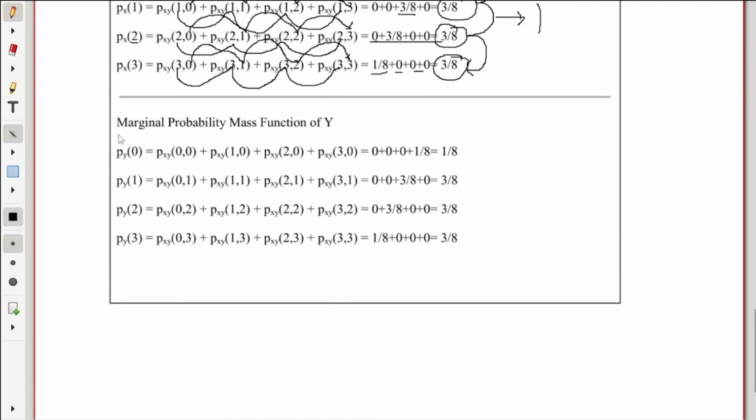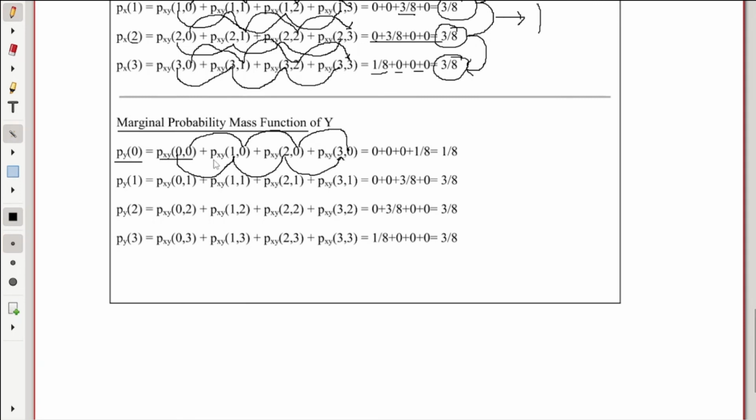The same way, the marginal probability mass function of Y. P_Y(0): here Y will not change, now X will change from 0 to 3.